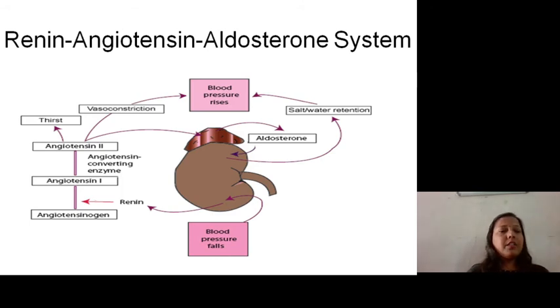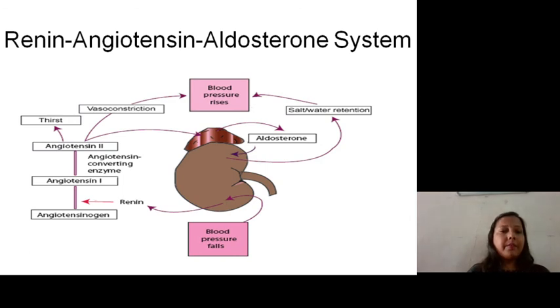Angiotensin 2 also shows its effect on the adrenal cortex, and through it the adrenal cortex secretes one hormone, that is aldosterone. Now this aldosterone shows its effect on the kidney, and through that water retention in the body increases, and as water retention increases there is an increase in blood volume and ultimately blood pressure increases.